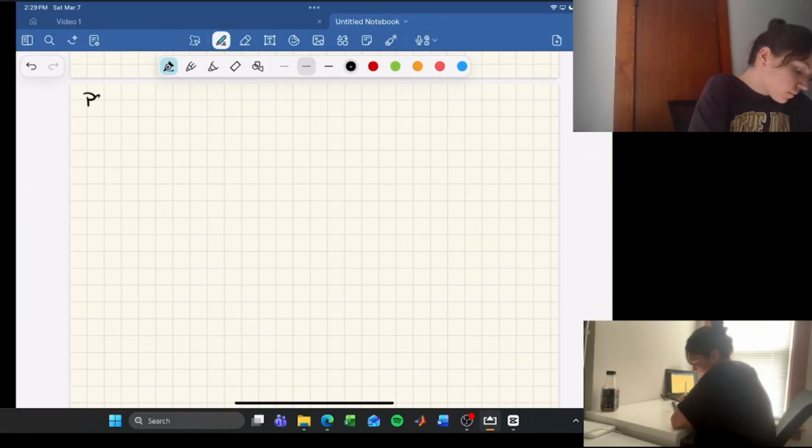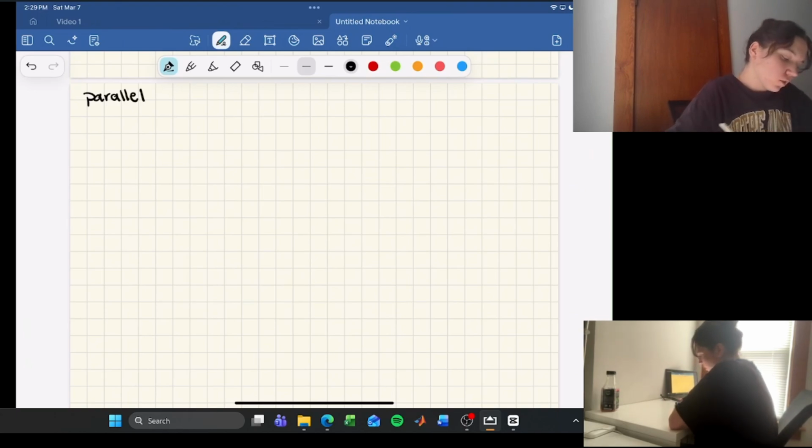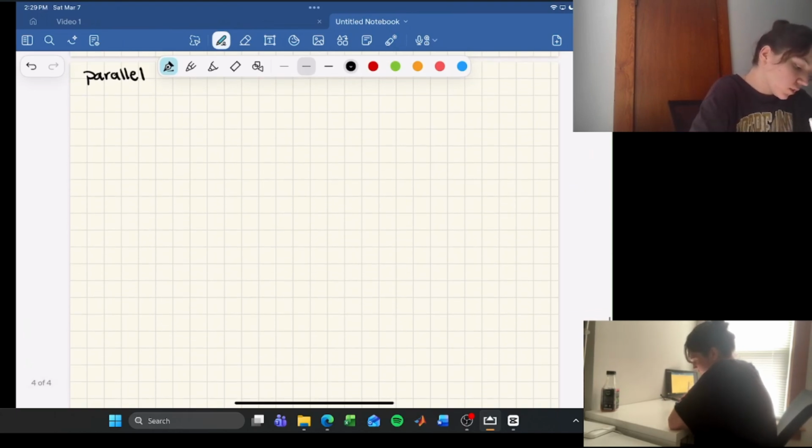So here's parallel. For Ohm's law, with resistance in parallel, it is something like this. So there's a resistance here and a resistance here. This current is I1, and this current is I2.